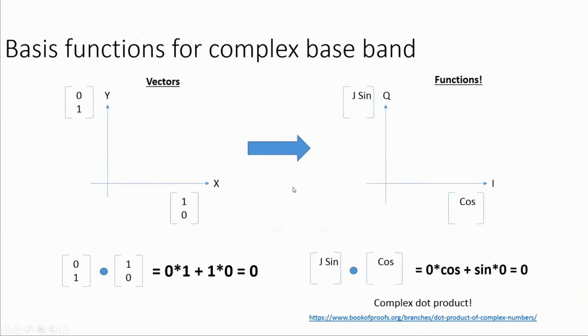We can do the same exact operation with functions. This is actually exactly the same thing. We choose functions that are orthogonal. We take a cosine and a complex sine, I and Q, in phase and quadrature. Those functions, which are a function of omega t plus phase, are also orthogonal. If we compute the dot product of these, and you can look at this link to get the complex dot product, you'll see that that is also 0.